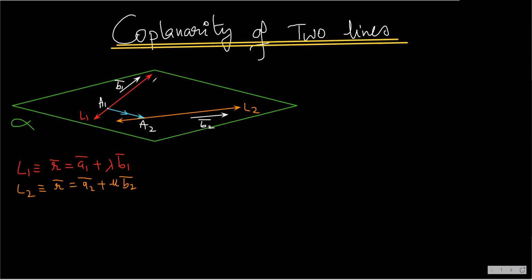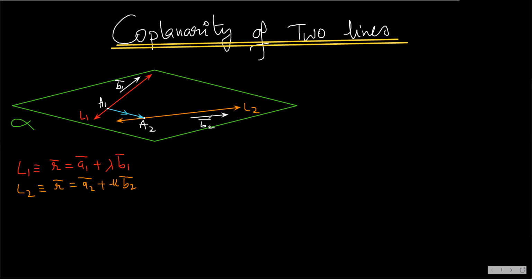Why? Because L1 is in the plane, L2 is in the plane. These are two lines in the plane alpha. So point A1 is in the plane, point A2 is also in the plane. Hence the vector A1A2 bar is also in the plane.